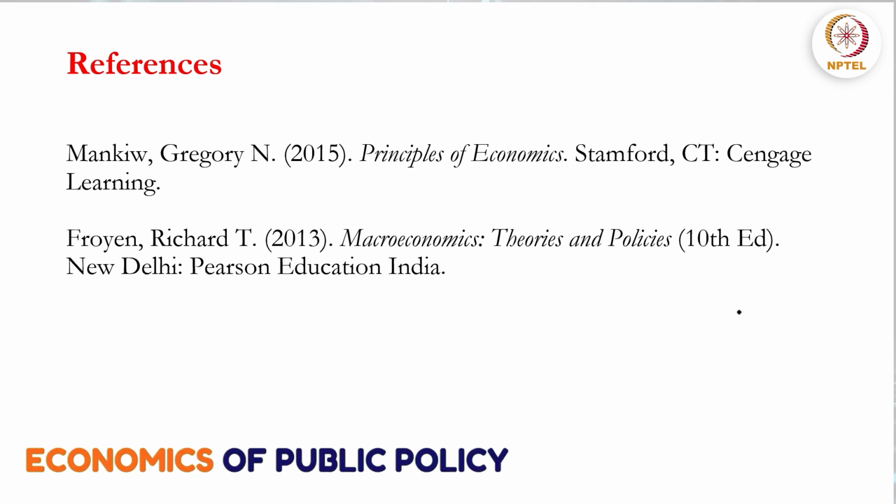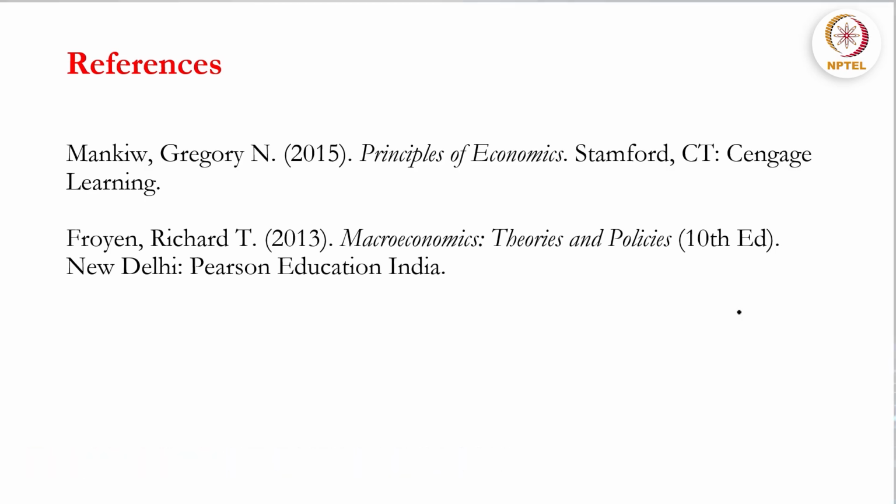And then Richard T. Froyen's book, 10th edition, Macroeconomics: Theories and Policies, will also be useful, especially to understand the expenditure approach and income approach of calculating output or national income, and breaking down all the components of the national income equation, like Y = C + I + G + X - M. If you want to understand each component of this, like consumption, investment, government expenditure, and tax rates, this will actually help you.